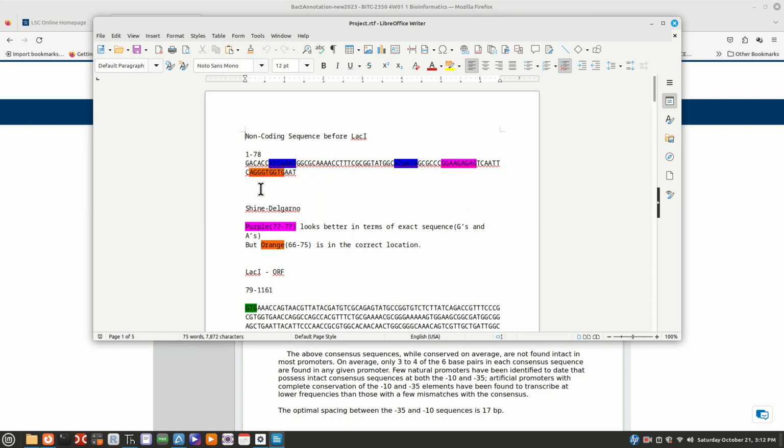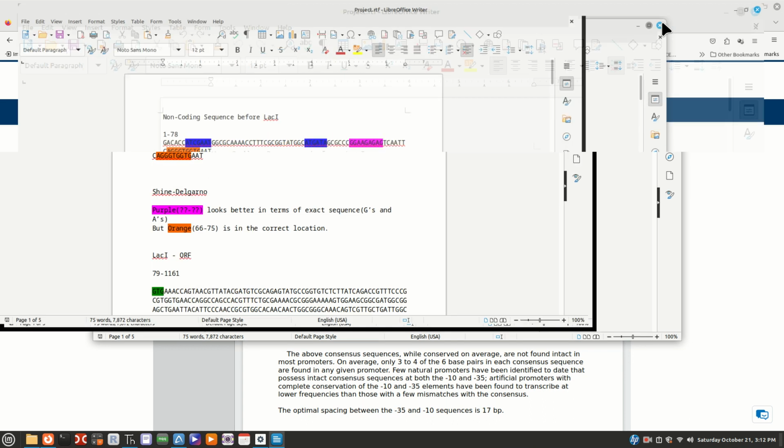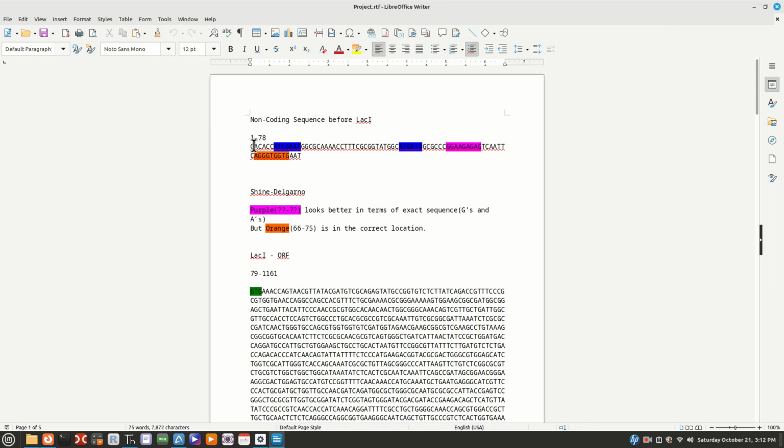Here we have an encoding sequence for the lac I. So let's try to do this for our lac operon I gene, and we'll use this 178. We want to look at the promoter region, and we're looking where?